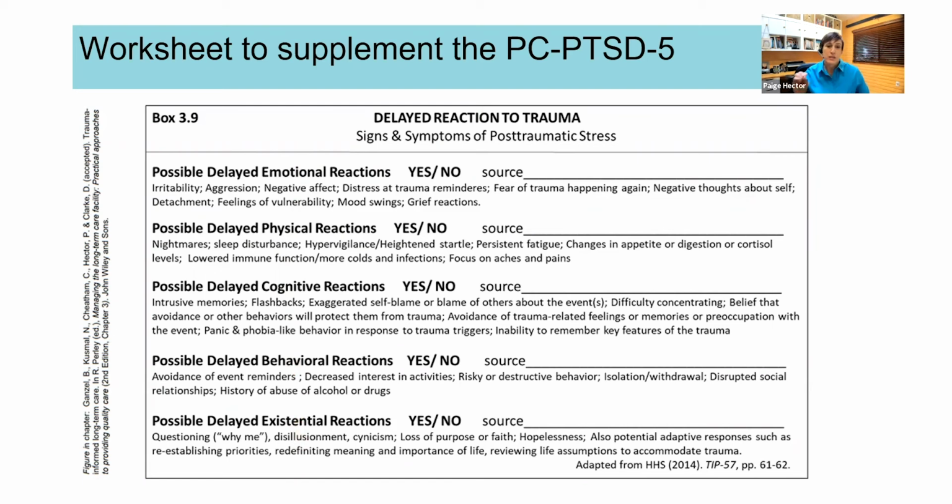The lovely part about this particular tool is that it lists all sorts of signs and symptoms that are most likely associated with these particular domains. And again, you'll notice yes, no, and the source. So it could be the resident, him or herself, family member, or whomever.